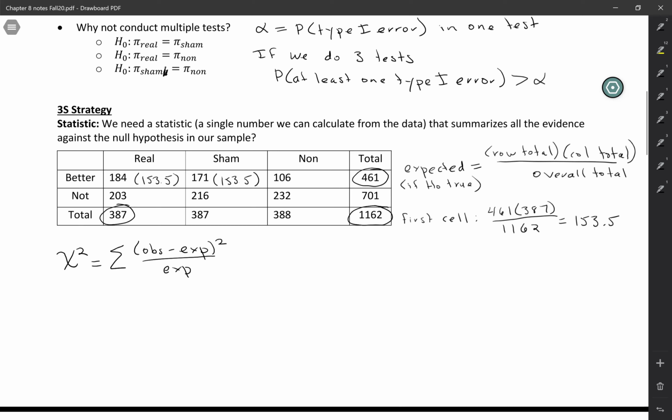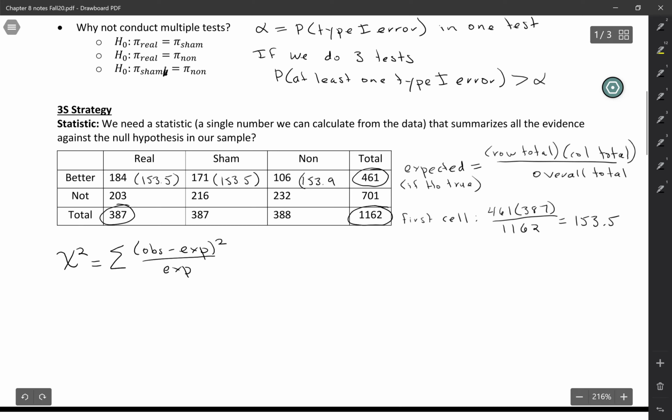And then from here, we could keep using the formula, but we can actually figure out the rest just by subtraction. So we're going to call this a table with 2 degrees of freedom because putting in 2 numbers is actually enough to figure out the rest. So we could just subtract to get the other numbers. If we did 461 minus 153.5 minus 153.5, that would come out to 153.9.